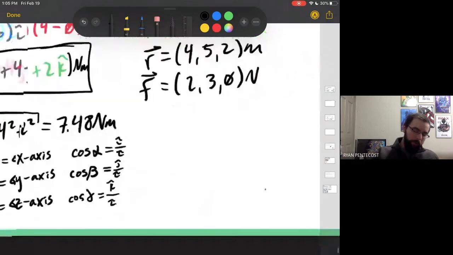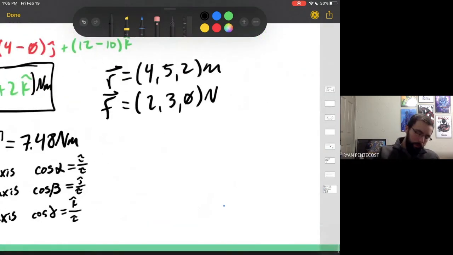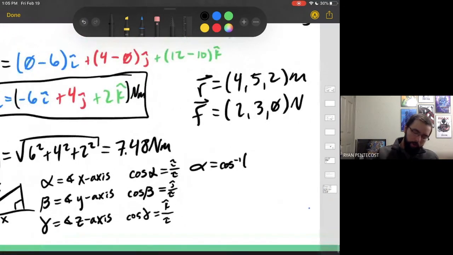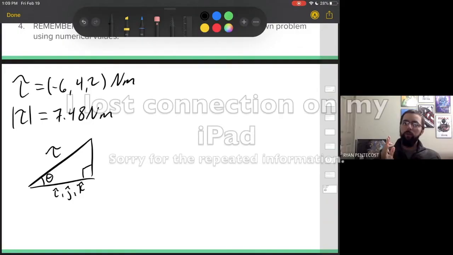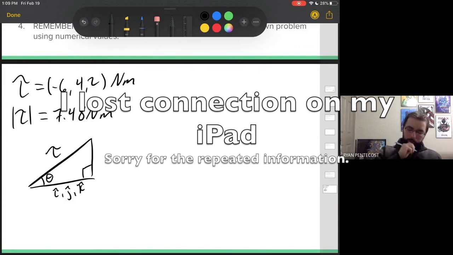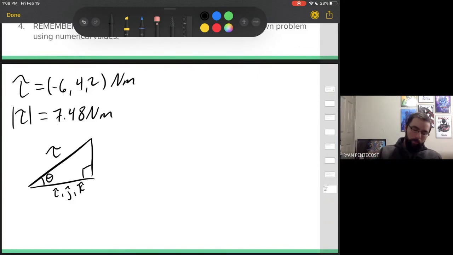So if you want those angles, alpha is cosine inverse of I over torque. So our torque is 7.48, our I is -6, so you have negative. We want to find alpha, beta, and gamma. So alpha would be the cosine inverse of your I over torque.